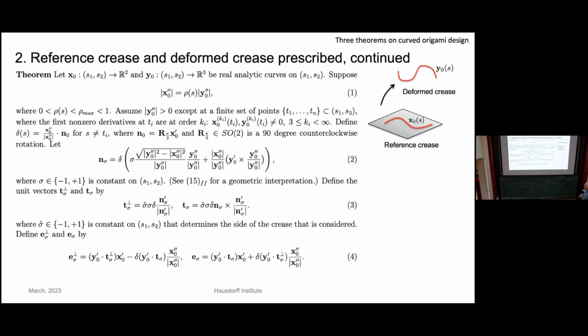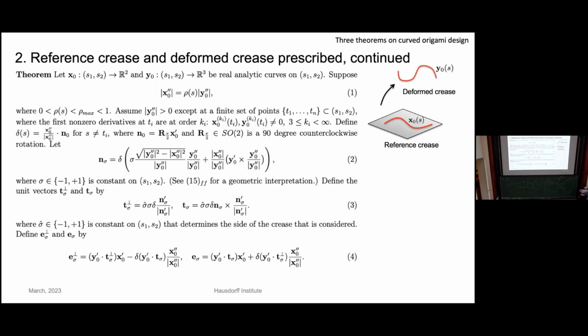Here's theorem 2. So let's go slowly because I think I went too fast on the last one. So I'm going to take two creases. They're going to be real analytic on some domain, and I suppose the creases, isometric mappings, shorten distances.